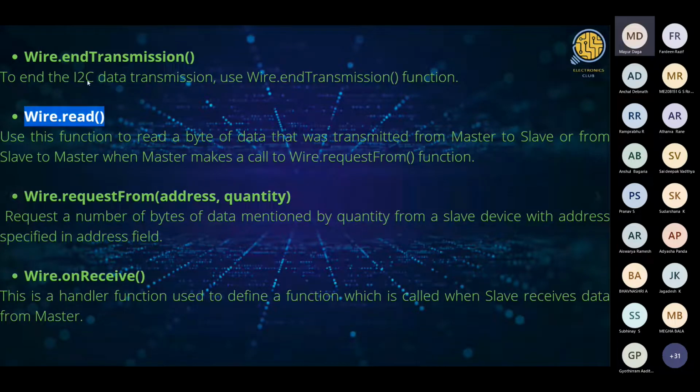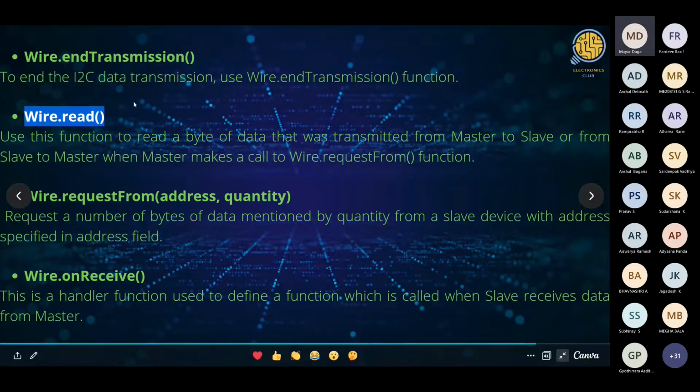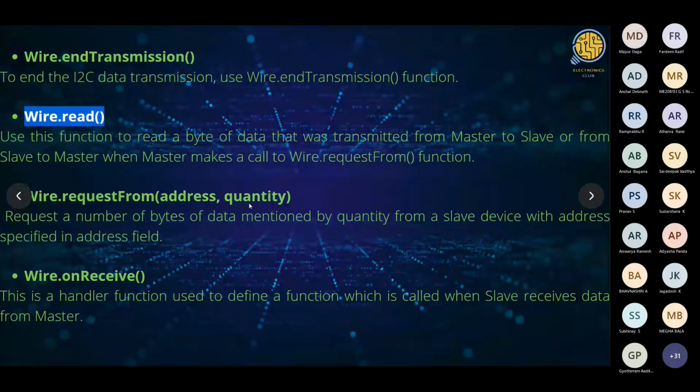And Wire.requestFrom takes the address and quantity. When you want data from the slave, the master should request data from the slave. This will be the address of the slave from which it is requesting data and the quantity of data it is requesting.